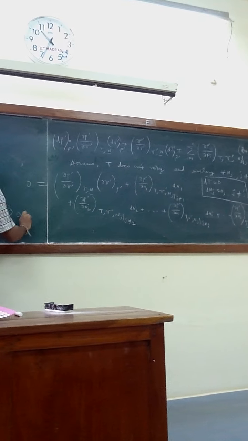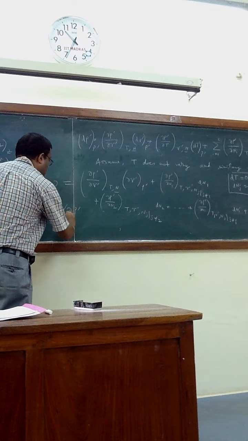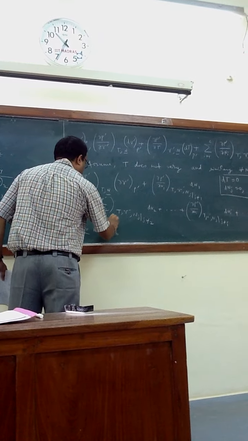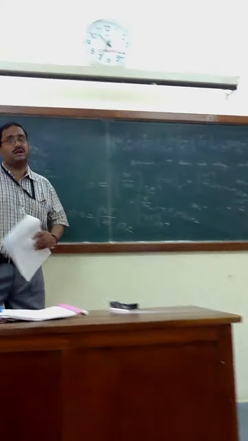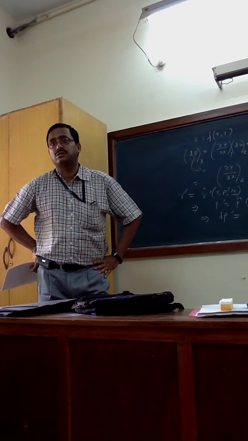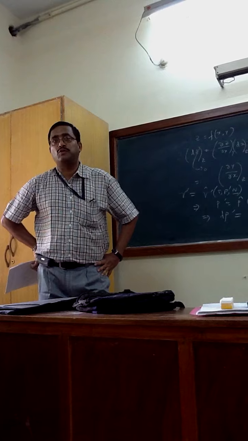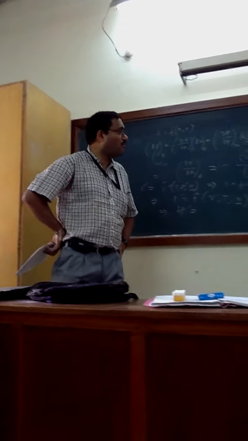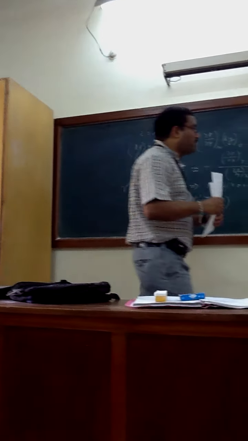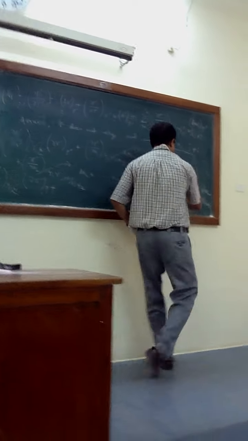Next step, 0 equals ∂P'/∂V' at T, n bar, ∂V' at T, plus which term will be there? Kindergarten level of teaching, thermodynamics. I am really enjoying. Which term will be there? Yes. Only the ith term will be there because the rest will all be 0.